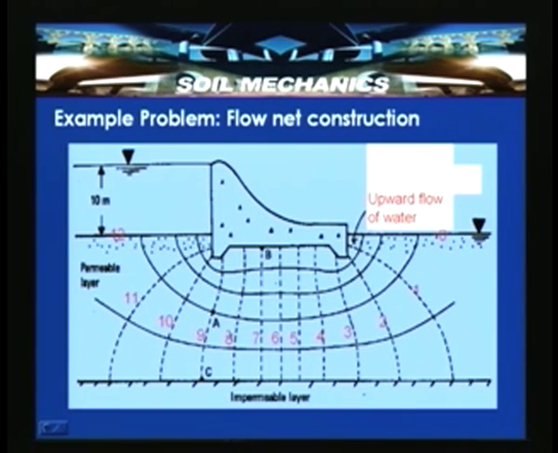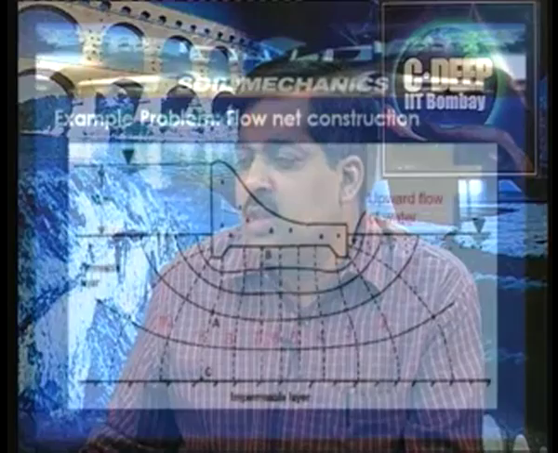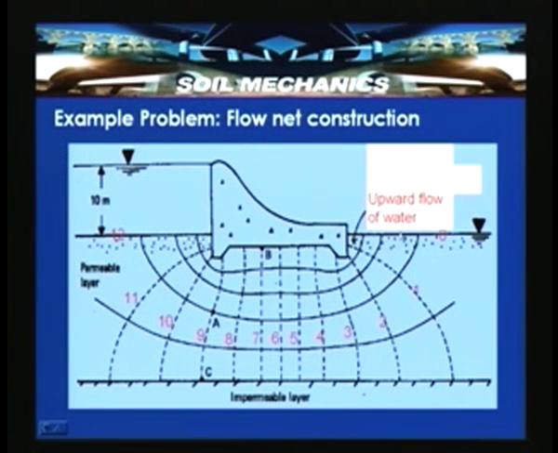If you look into it, this is an equipotential line and this is an equipotential line, and this is a flow line, where at this junction the orthogonality is again maintained, approximately 90 degrees. Equipotential line 11 has been constructed, 10 has been constructed. Similarly, here you have to ensure that the orthogonality between equipotential lines and flow lines is maintained throughout. So, with that, if you number it, this is the direction of the flow in this two dimensional plane.